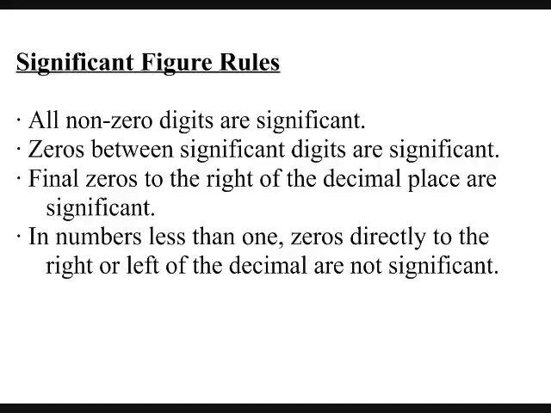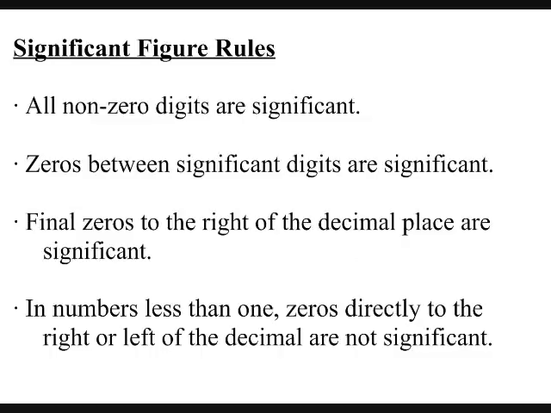All right, so just to give you some examples of these, all non-zero digits are significant. So if you have a measurement like 12.3 grams, those are all non-zero digits, so they would all be considered significant digits. Zeros that are between significant digits are significant.